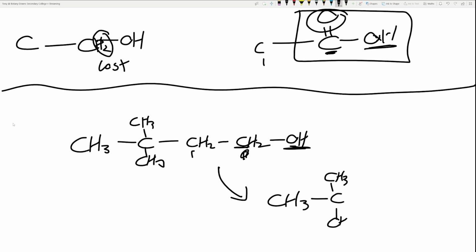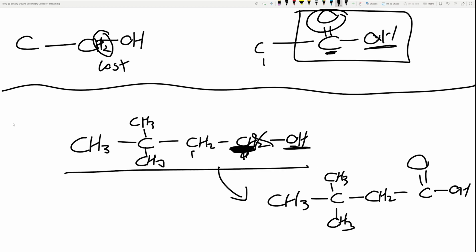No changes, and then this carbon that I'm highlighting is going to keep the OH group, but it's going to lose these two hydrogens and form a double bond. So you've gone from 3-methyl-butanol to 3-methyl-butanoic acid.